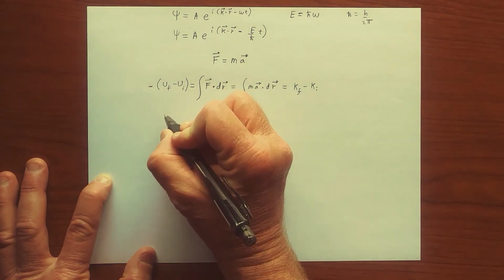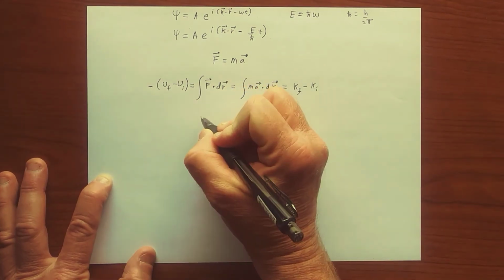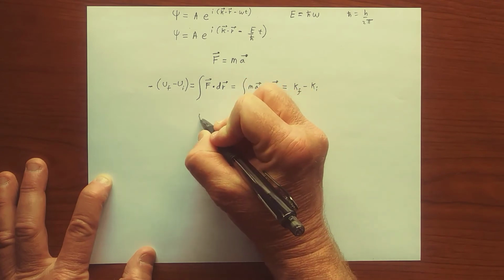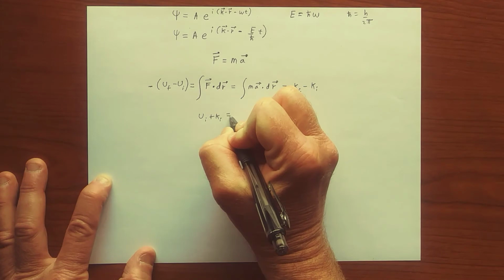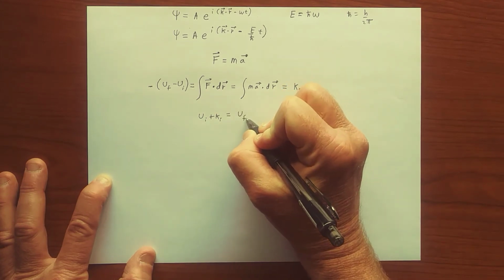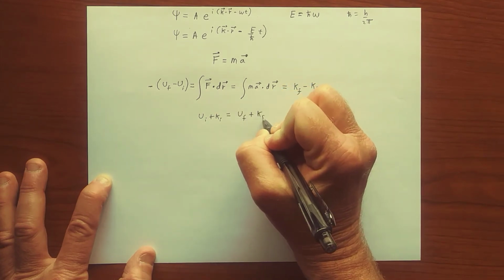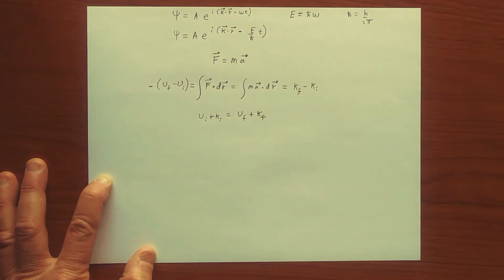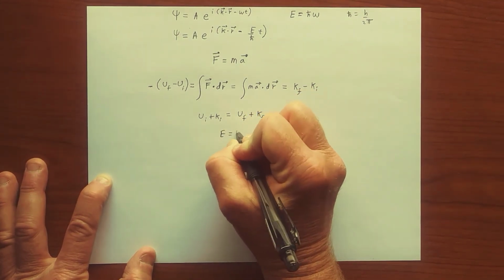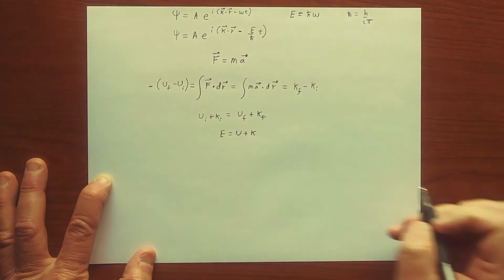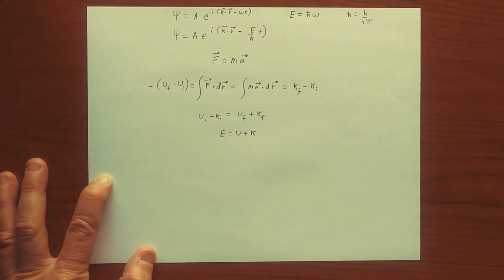Then this leads me to the concept of energy conservation, where U initial plus K initial is equal to U final plus K final. That's the concept of energy conservation, where the energy U plus K is always the same. That's what this relationship is telling us.